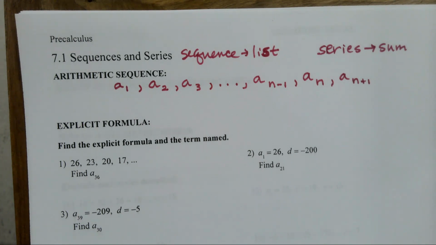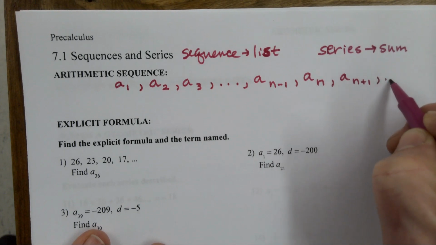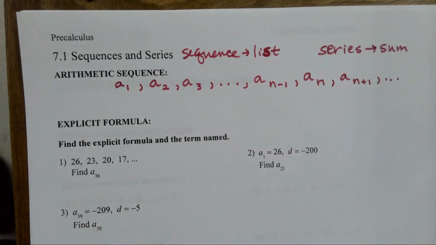It could be 50, and so the 50th term is preceded by the 49th term, which is 50 minus 1, and is followed by the 51st term, which is 50 plus 1. So that's just terminology. A big part of what we do in math is learning how to interpret the math language, and that's what all these symbols are.